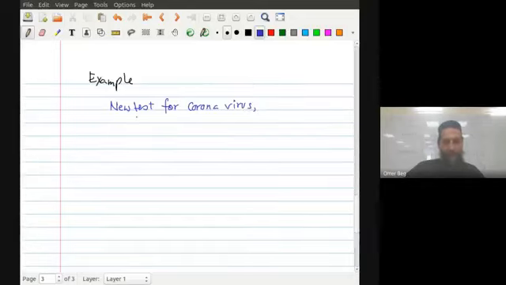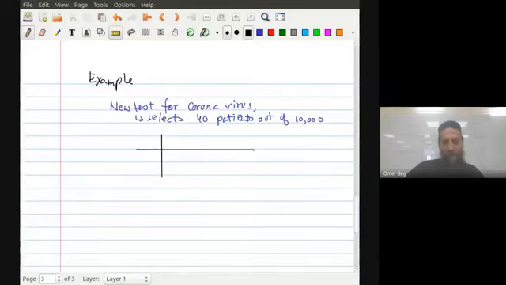So this new test selects 40 patients out of 10,000. And let me draw the confusion matrix. Okay, this is what it looks like.